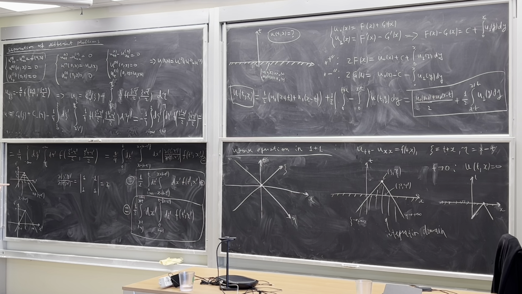So we see that points that lie outside this light cone cannot affect the value of the solution at this point t and x.